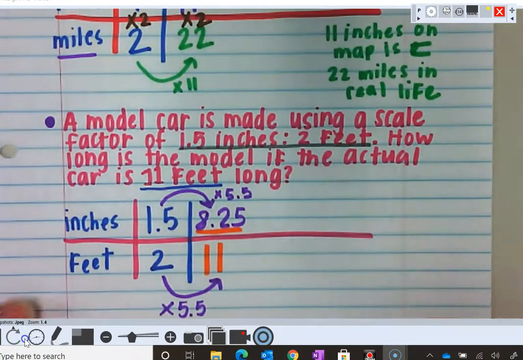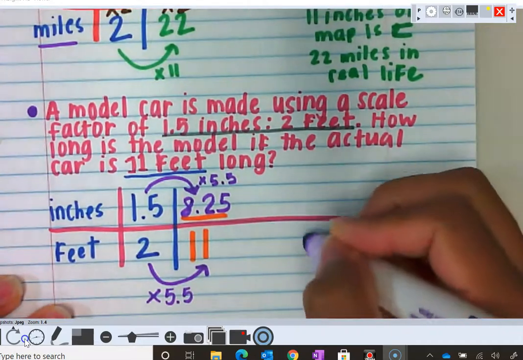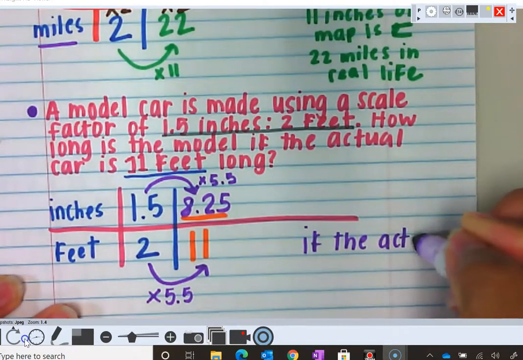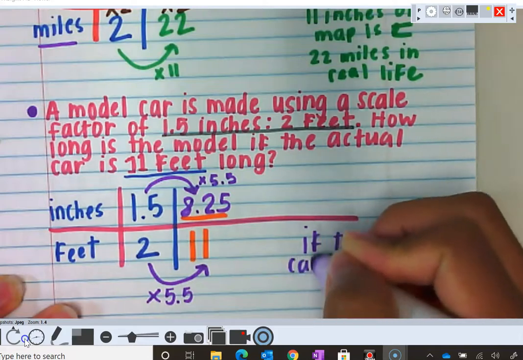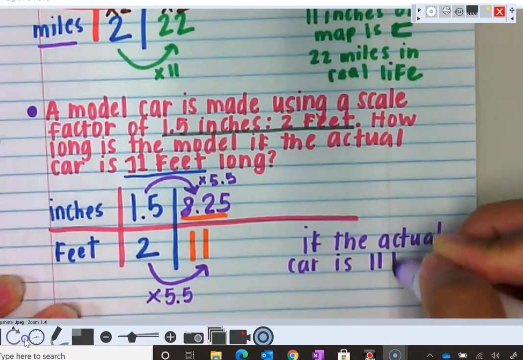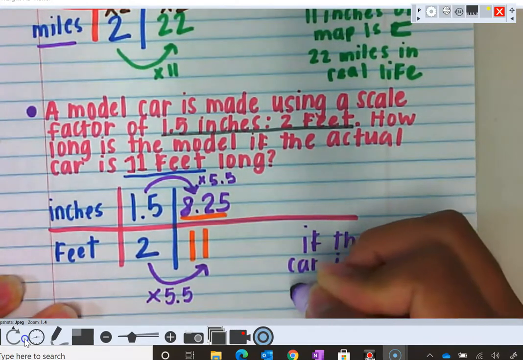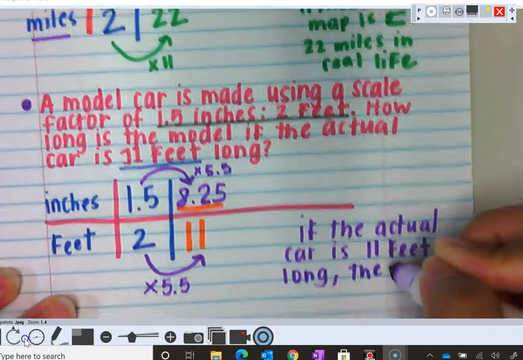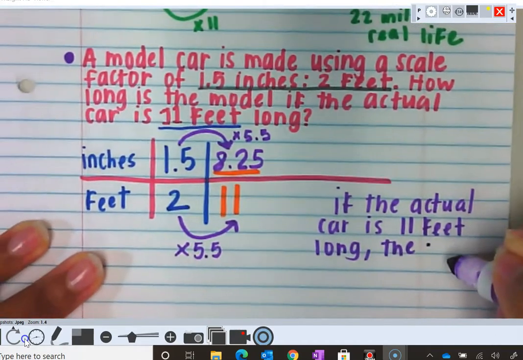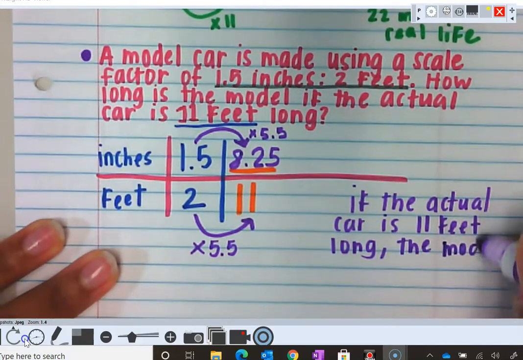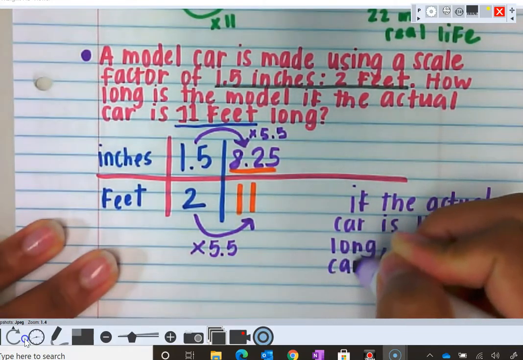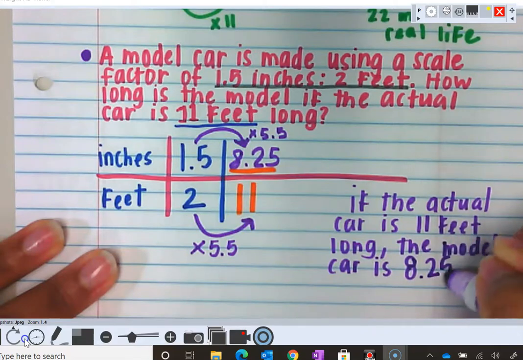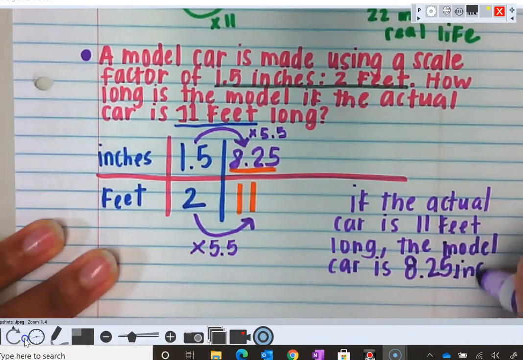So what this answer means is that if the actual car is 11 feet long, the model car is 8.25 inches.